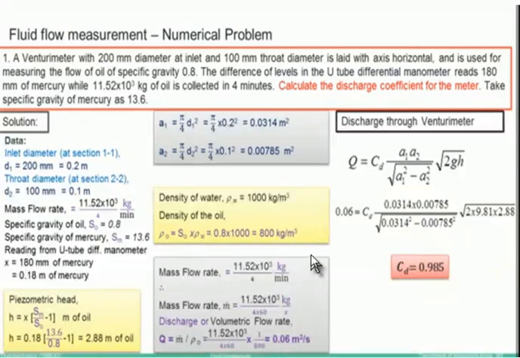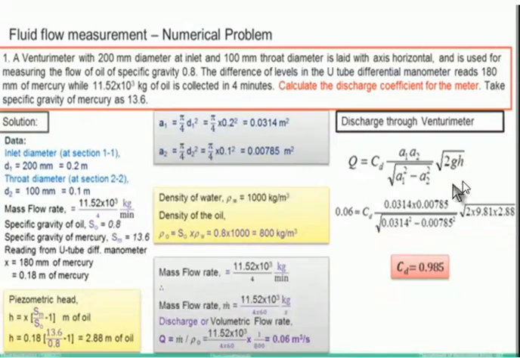Now what we have to find out here is the coefficient of discharge, that is CD. To find out the CD, we have the formula for discharge through the venturimeter: Q is equal to CD A1 A2 into root of 2GH divided by root of A1 squared minus A2 squared. Already we know the values of A1 and A2, of Q, and of H, the piezometric head.